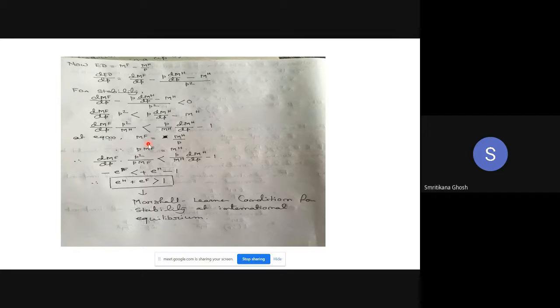MF is the import of the foreign country, which, as it is equilibrium, is nothing but the export of the home country. So XH is replaced by MF. So MF into MH by P. P is Px by Py, so here you can multiply it with Px and here you are having the Py.